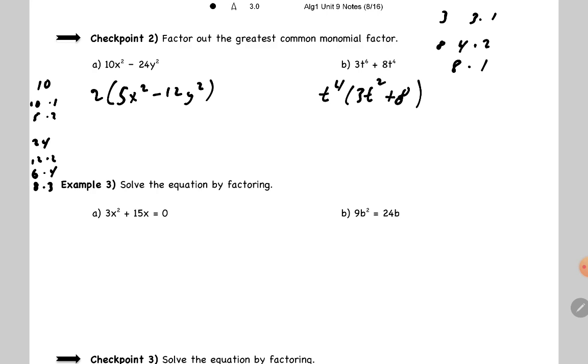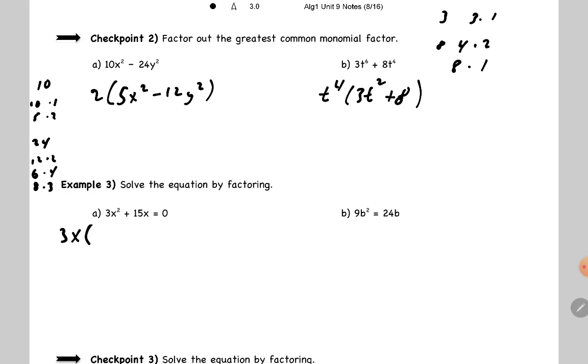Alright, so now we're going to solve these equations by factoring. So what we're going to do is look at 3 and 15. We know we can pull out 3, because 3 goes into both of those. And they both share an x, so we can pull out an x from both of those.